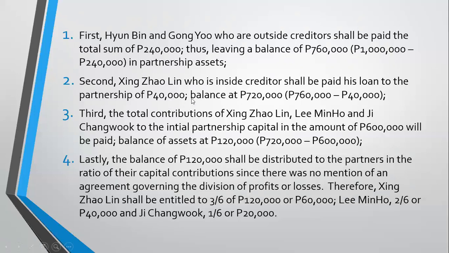Kanina we have 760 as remaining asset after the payment of 240,000 to our outside creditors. So kung may 760, bayaran natin sa pangalawa yung loan ng partnership kay Sing Shaolin na 40. So may matitira tayong 720,000.